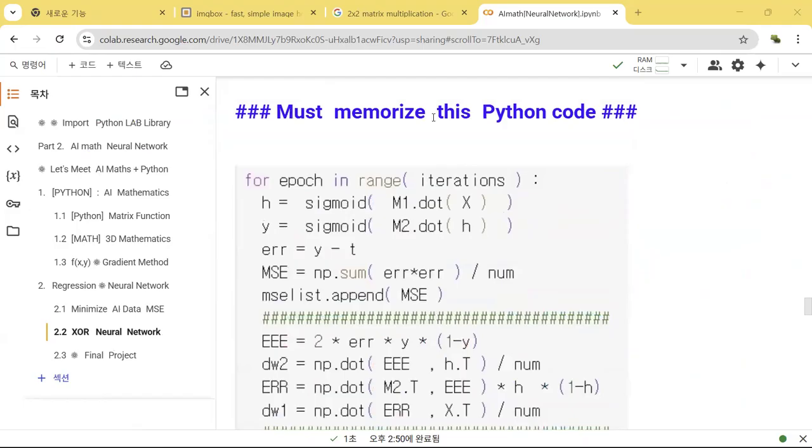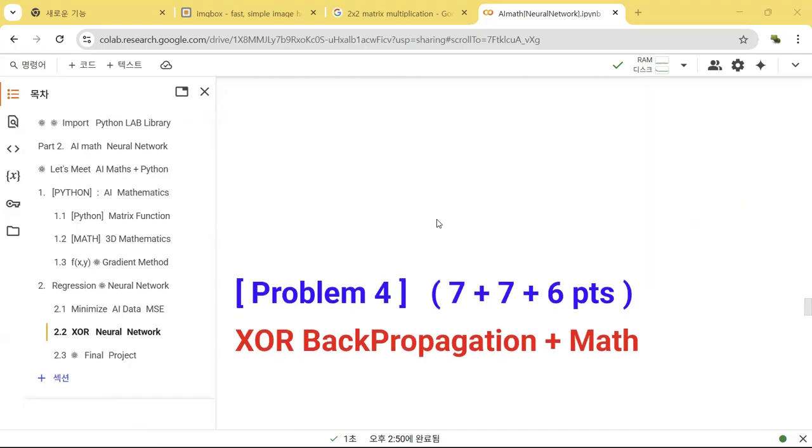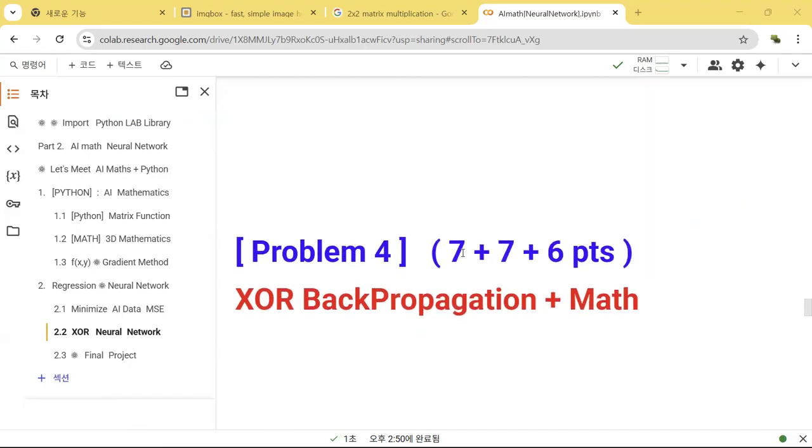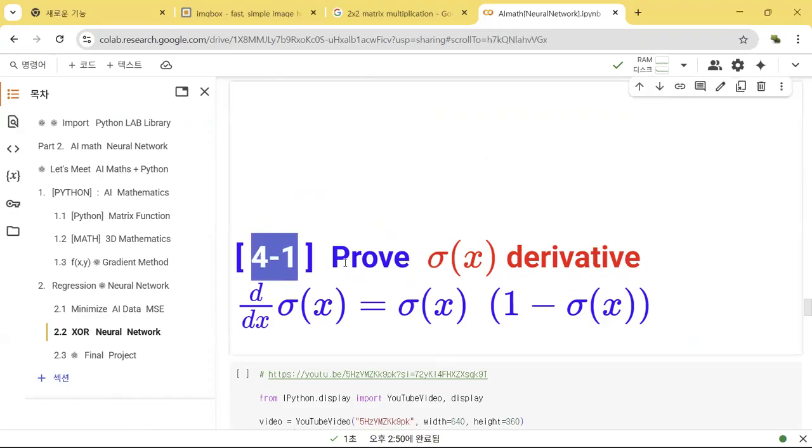So you must memorize this Python. In problem 4, there are three possible sub-problems. The first sub-problem, I changed the order so that you can study more easily, is to prove the derivative of the sigmoid function.